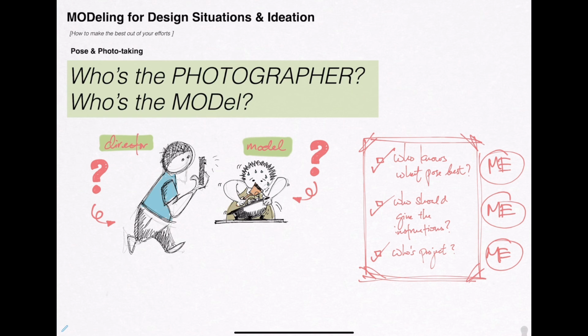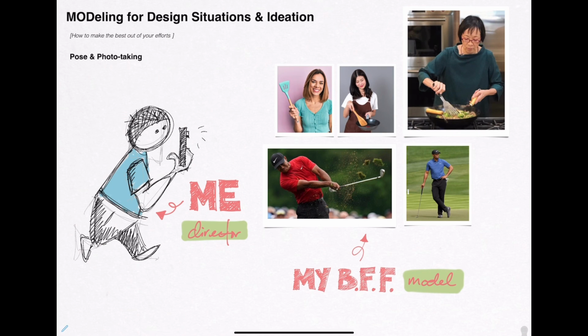And the person who is the director is none other than you. Okay, so here is a recap. How do you pose? How do you take photos? You, the director, and your best friends, they shall be the models.